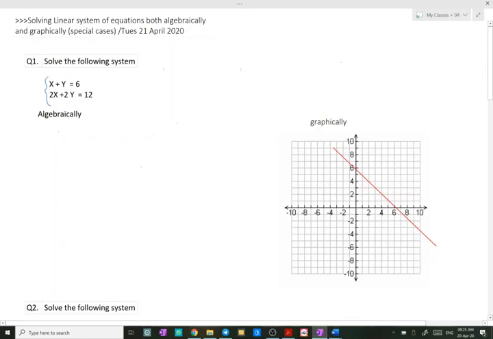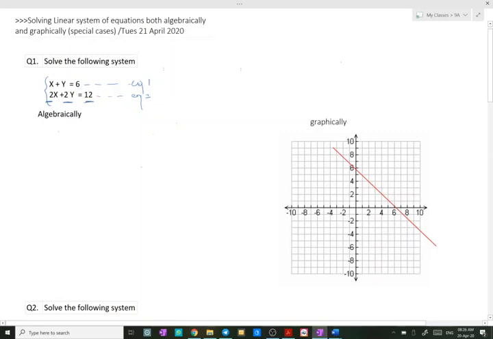So in this case, we look at x plus y equals 6, which is equation 1, and 2x plus 2y equals 12, which is equation 2. We can notice that the coefficient of x is 2, the coefficient of y is 2, and we have 12, and they have the greatest common divisor 2.